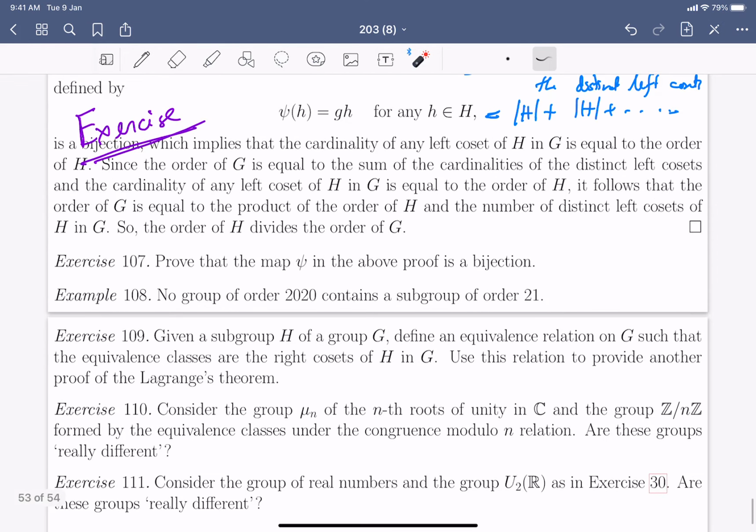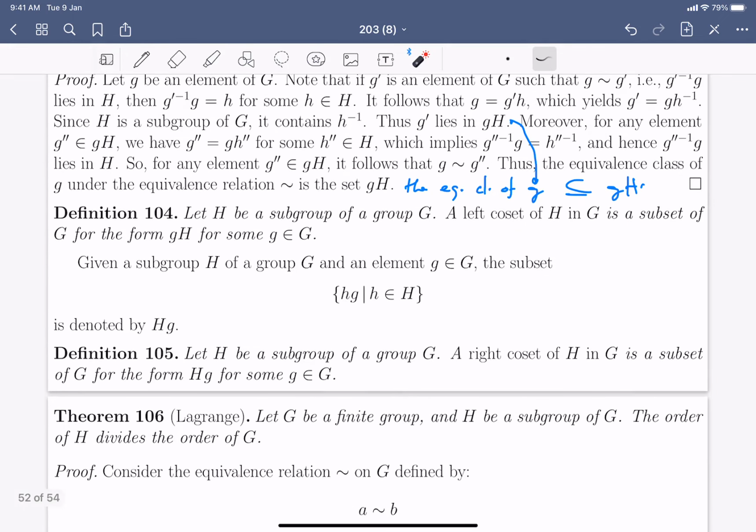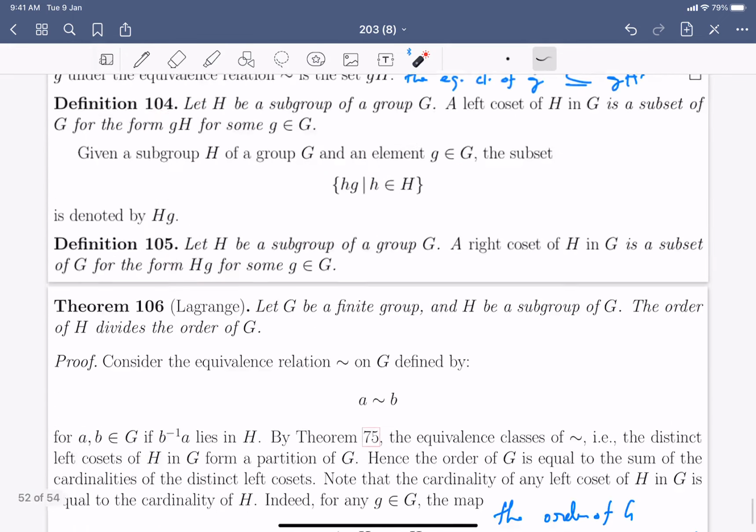Now here is an exercise for you. Can you define an equivalence relation on G? Of course you start with the group G and the subgroup H. Can you define an equivalence relation on G such that the equivalence classes are the right cosets of H, instead of being of the form little g times H?